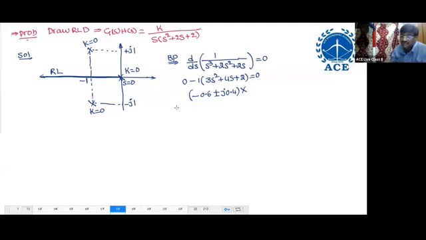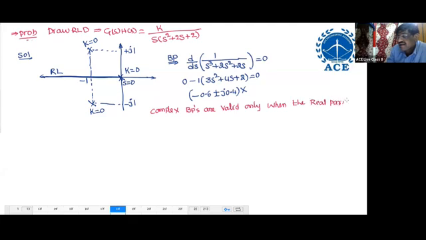Right. So complex breakpoints are valid only when the real part of the complex breakpoint is equal to the real part of the complex pole.